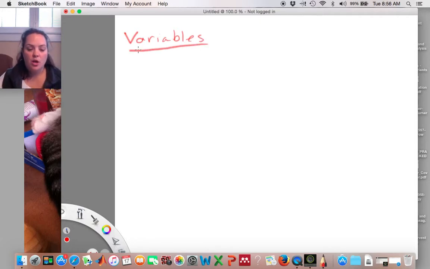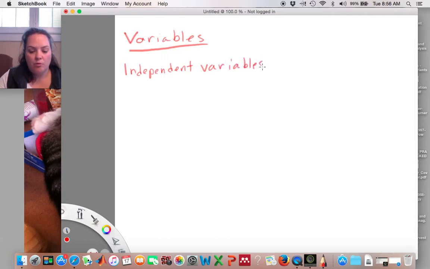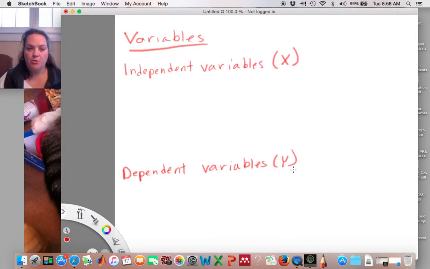So when we're doing our work, we're really going to focus on a couple types of variables. Our independent variables, which we call our x variables, and our dependent variables, which we call our y variables.